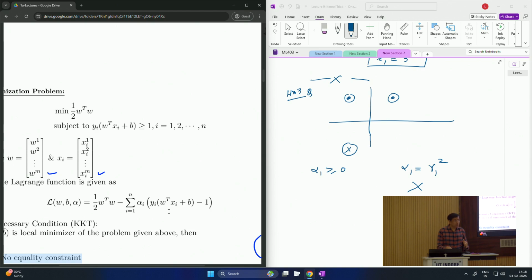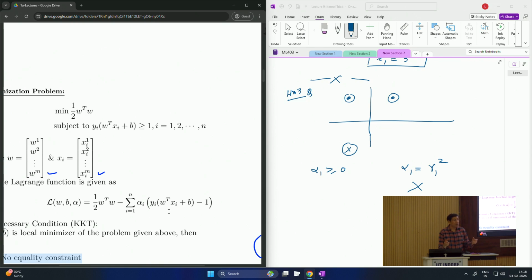This was the primal problem, everybody agrees. When we wrote its Lagrangian, what did we do? We took the Lagrange multiplier and the constraint and subtracted it from the objective function. Alpha 1 times the first constraint, alpha 2 times the second constraint, alpha 3 times the third constraint. Now if one of the alphas becomes equal to 0, it means that that constraint is no longer playing a role.